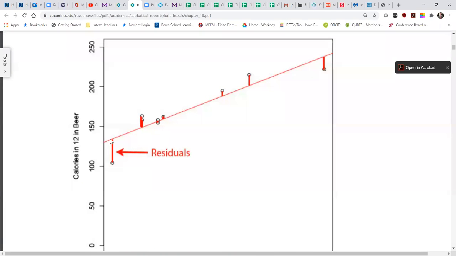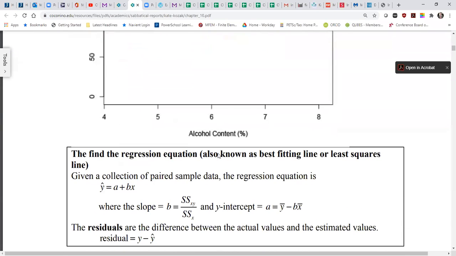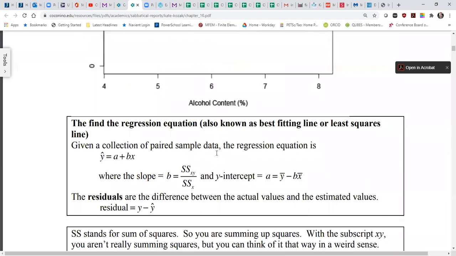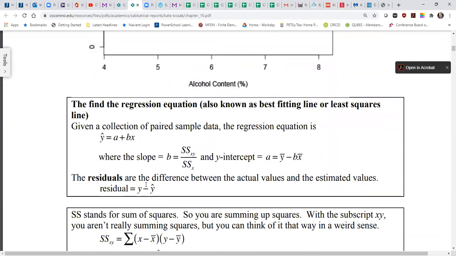You can say this is y hat, this is y. So y hat subtract y, or actually the other way around, y minus y hat. We call it the residual.